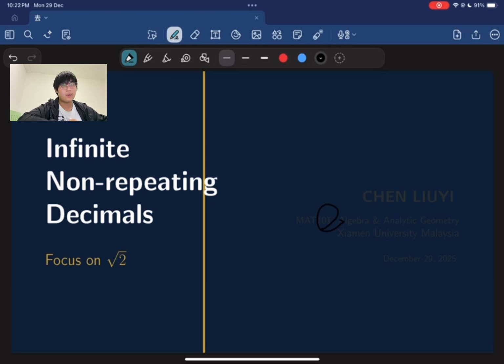Today, I will invite you to look at the spaces between the numbers. We usually count with integers and simple fractions.